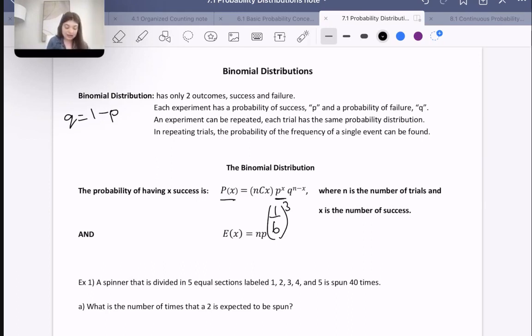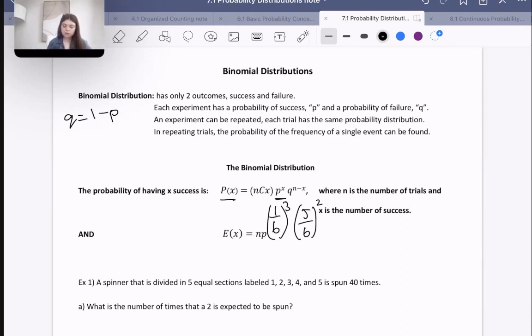Now let's say it's exactly 3 times, but we're rolling the dice 5 times. Well, in that case, we would need the total number 5 minus 3, the total minus the number of successes, is going to be the number of failures. So that means we need 5 out of 6, because all the other 5 numbers are failures, to the power of 2, right?